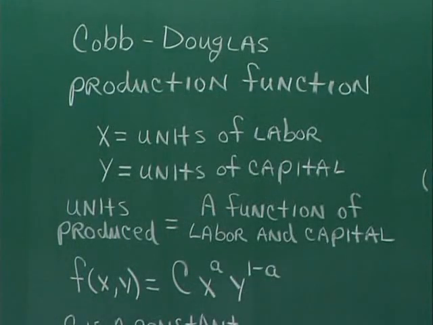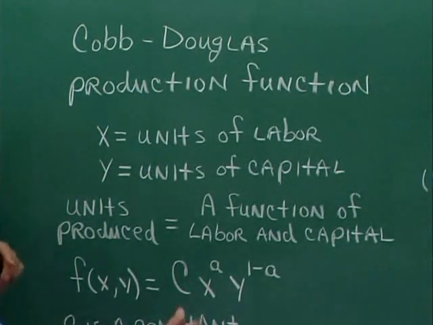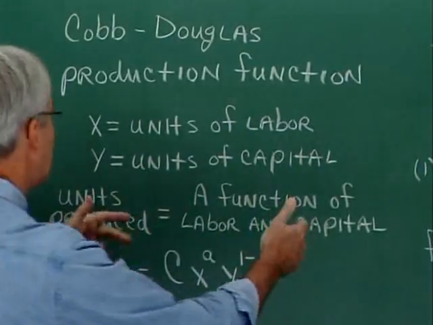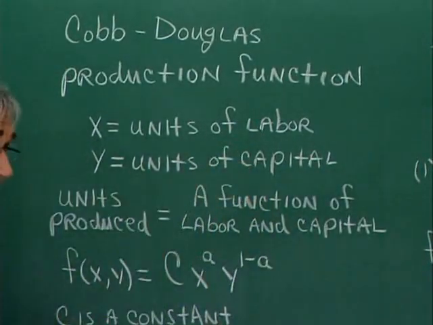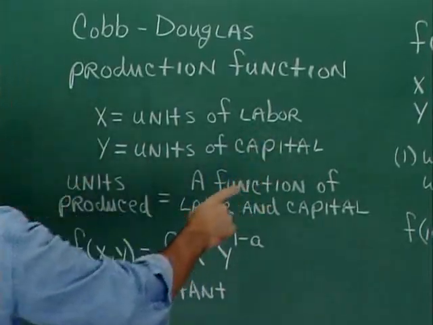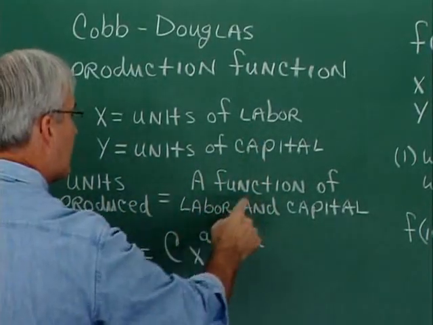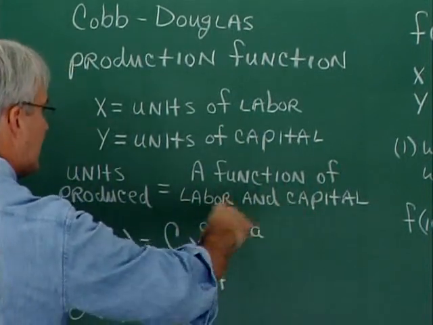An example of a function in two variables is the Cobb-Douglas production function. It gives units produced as a function of labor and capital. X is the units of labor, Y the units of capital. The units produced is a function of labor and capital. All right, so that's the idea.